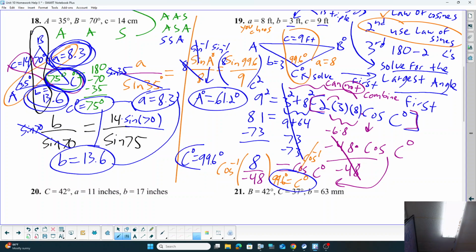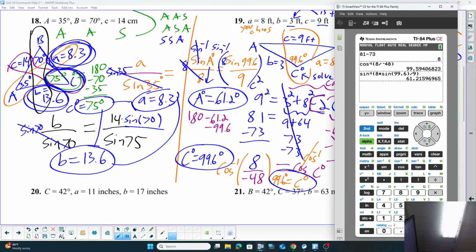So last but not least, the third thing is 180 minus the 2 angles. So we go 180 minus those 2 angles, so minus 61.2 and also minus 99.6. Or you can add them together and then subtract, up to you.